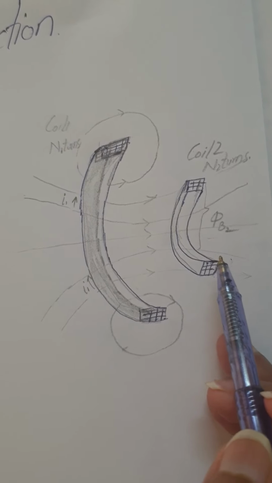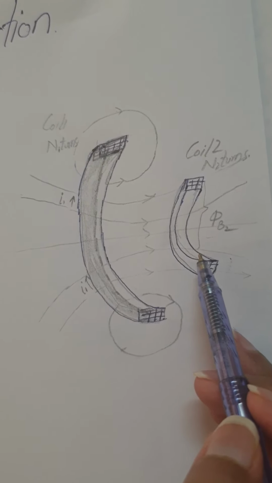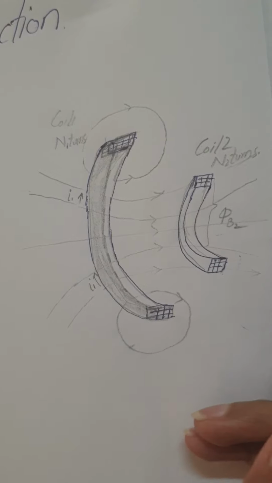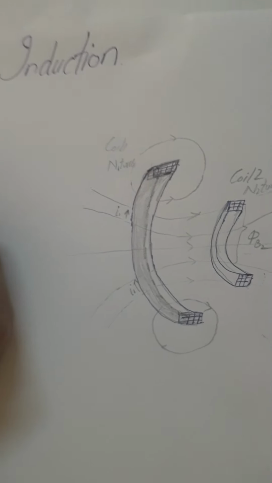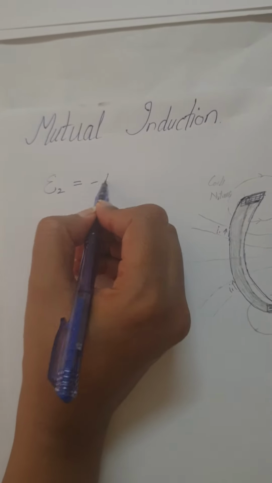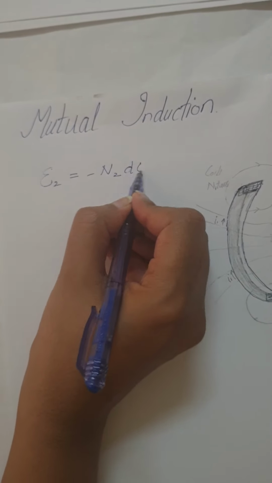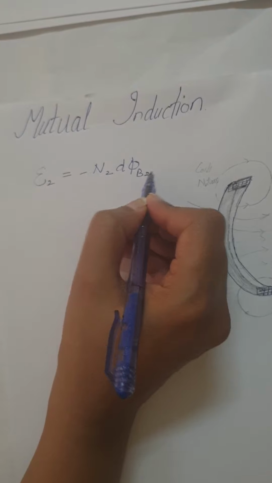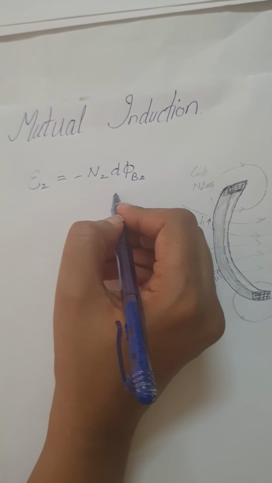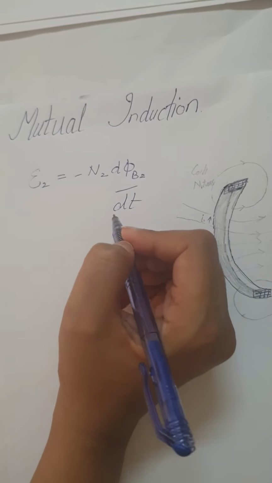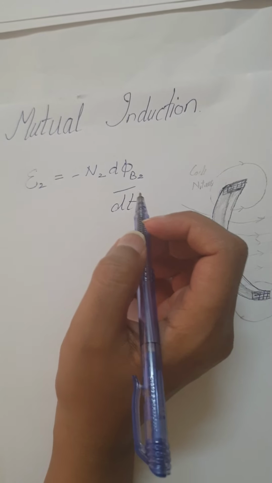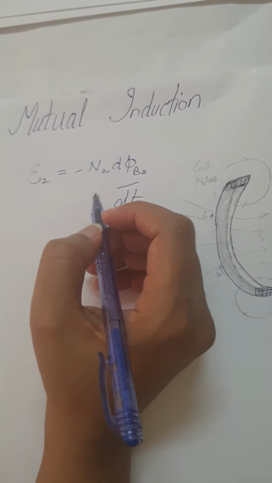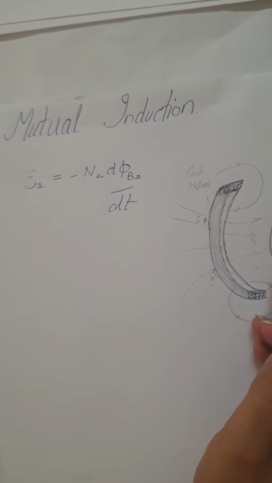So the changing flux induces an EMF in coil 2, and this is written as E2 equals minus N2 d phi B2 over dt.